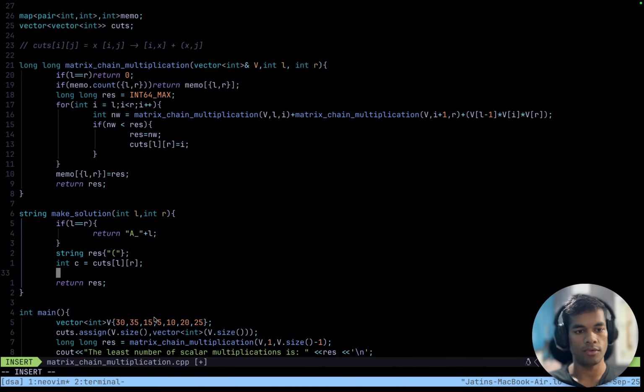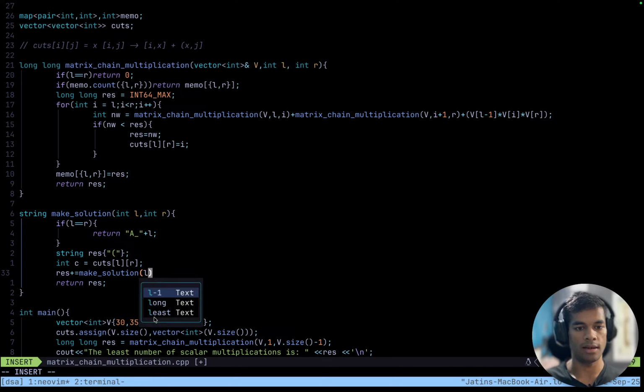And then we will add res plus equals make solution for the left side. And the left side will begin from L and go till C, right?